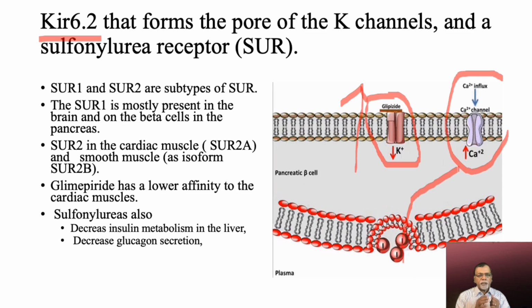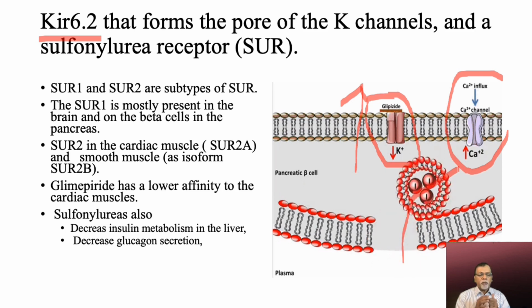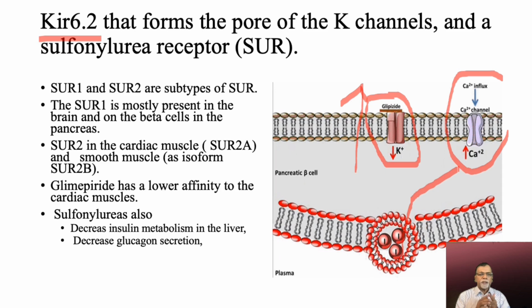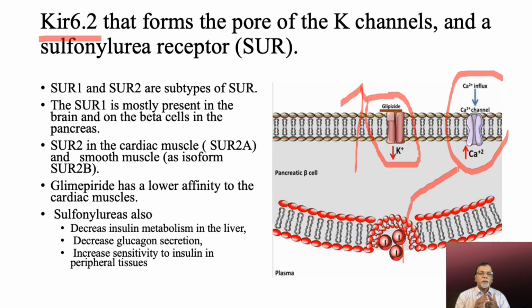So we can basically say that sulfonylureas act by blocking the potassium channel, which leads to an increase in insulin secretion. Second, glucagon secretion is decreased. Third, insulin metabolism is decreased. Fourth, it increases the sensitivity of insulin in peripheral tissues. So these are the four major actions of sulfonylurea. So the answer which is given for sulfonylurea is correct.